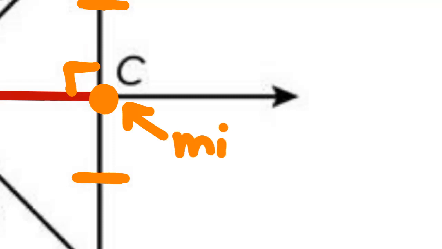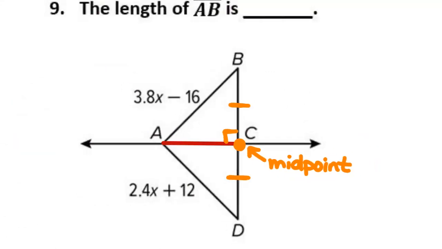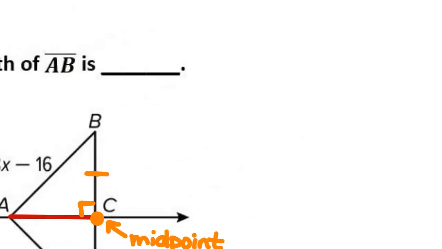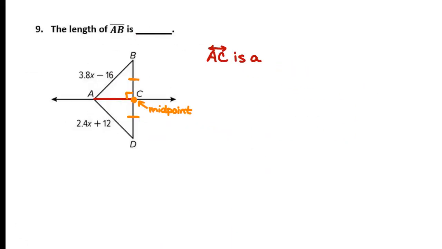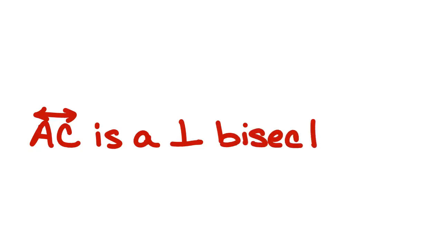Midpoint. And it's forming a right angle right there at the midpoint, which means that AC is a what? It's forming a right angle and it's going through the midpoint. Perpendicular bisector. AC is a perpendicular bisector.